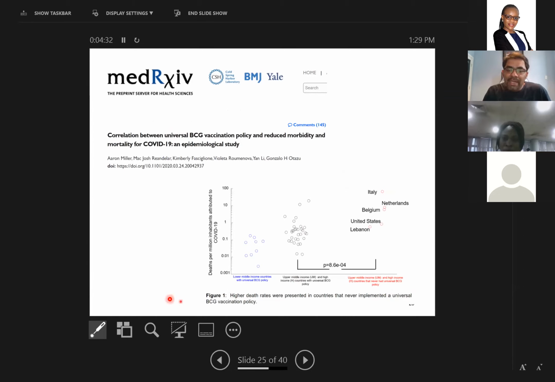They took that data from the World BCG Atlas that my team maintains and has put together. And then they looked at the death rate due to COVID from WHO or other publicly available sources. And they said, look, there's a nice correlation, right? Countries that give BCG generally have a lower COVID death rate, and countries that do not give BCG have a high rate of COVID deaths.